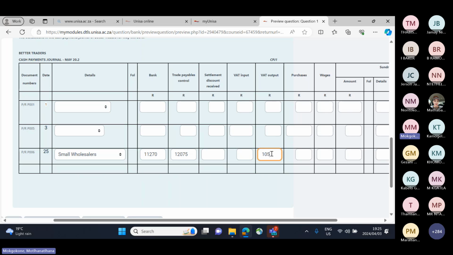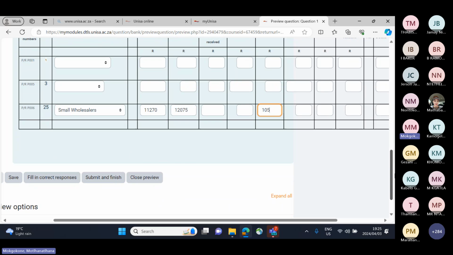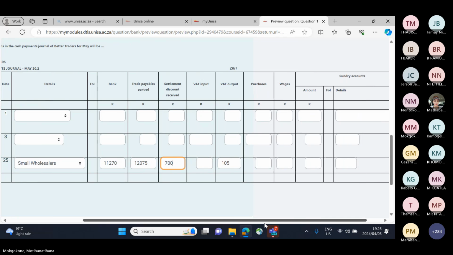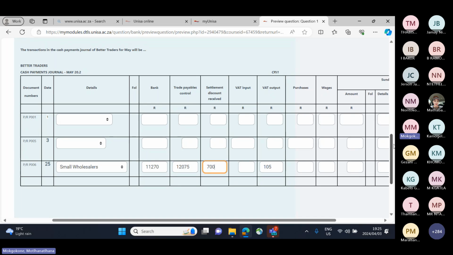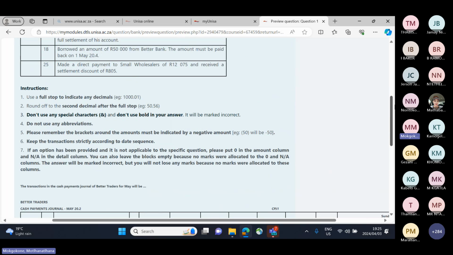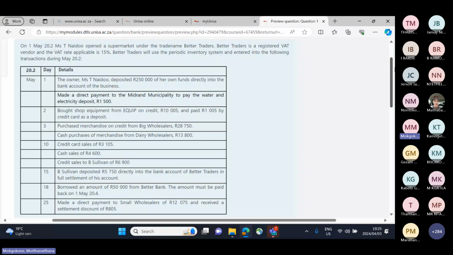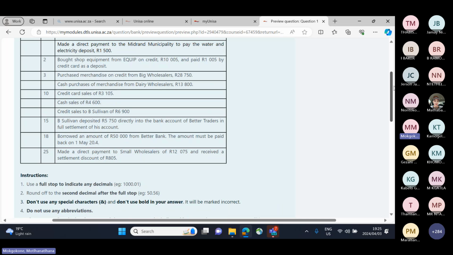Then the difference, 805 minus 105, which is 700, must be recorded under settlement discount received. We received a discount of 700 excluding VAT. This is transaction 25, and this is how it will affect our cash payments journal.